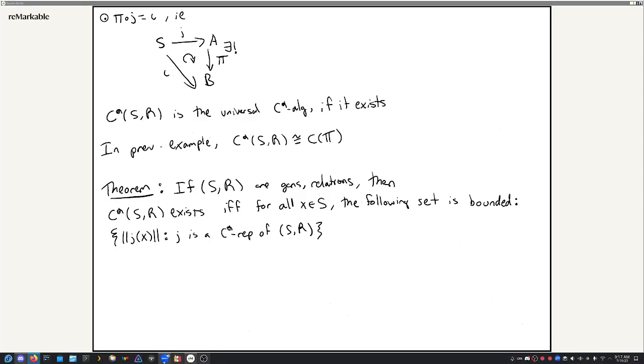So in our previous example, the universal C-star algebra exists because, well, first let's say the set containing U is equal to S, and U star U minus U is some relation. Then C-star of S with R, the universal C-star algebra, exists.